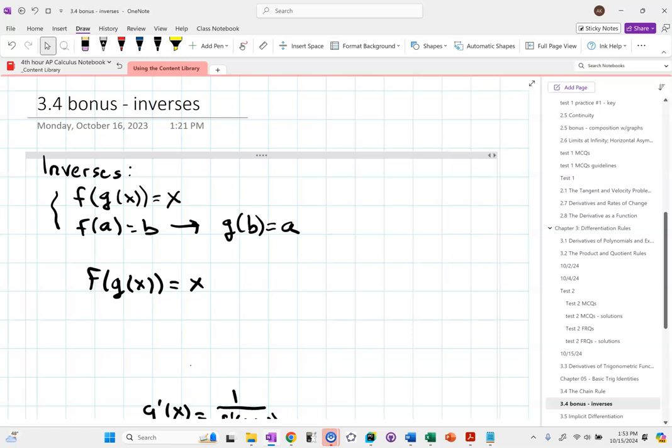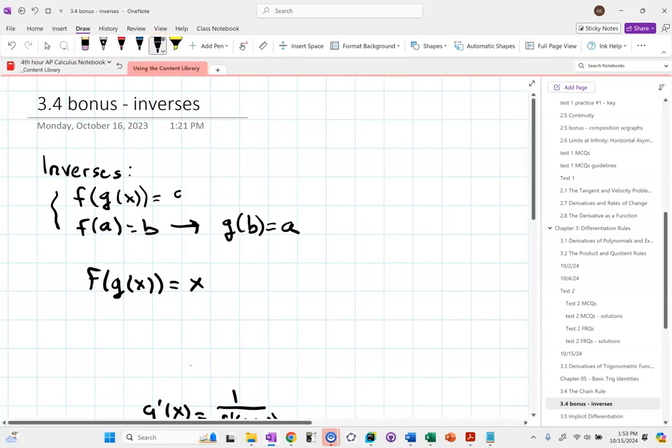So if you remember from your pre-calculus course and Algebra 2 course, the definition of inverses. So you have two ideas. So if f and g are inverses, we should really probably add in that, right?